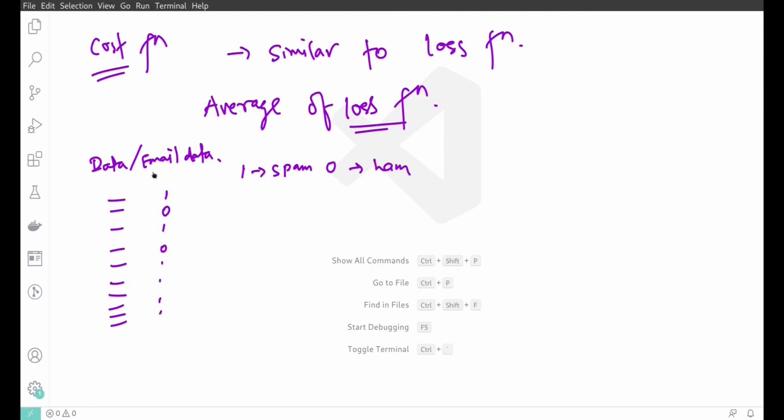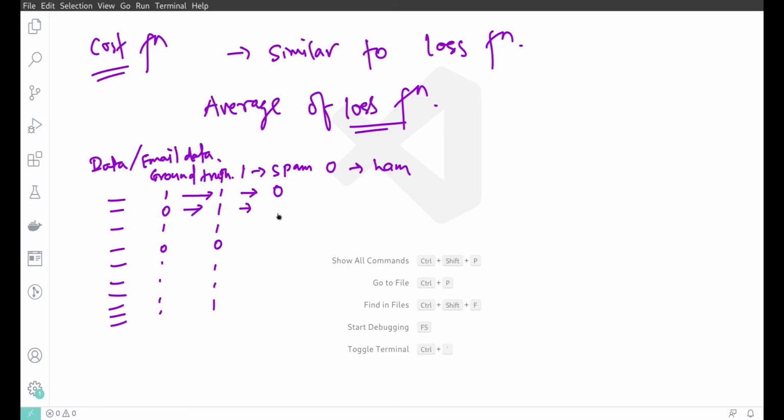So these are ground truth, and then we predict some values. So let us say that this is 1, this is 1, this is 1, this is 0, and something like this. We can see in this particular case that for this particular sample, the loss should be somewhere near 0. For this, the loss should be greater than 0.